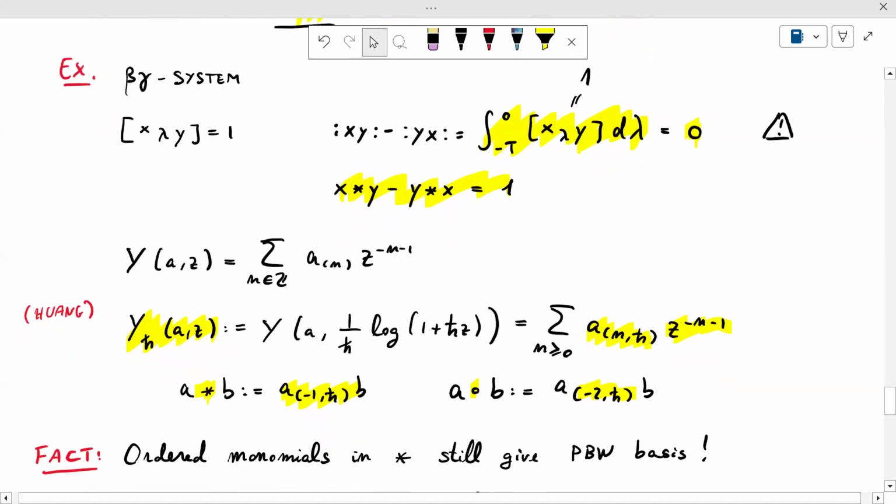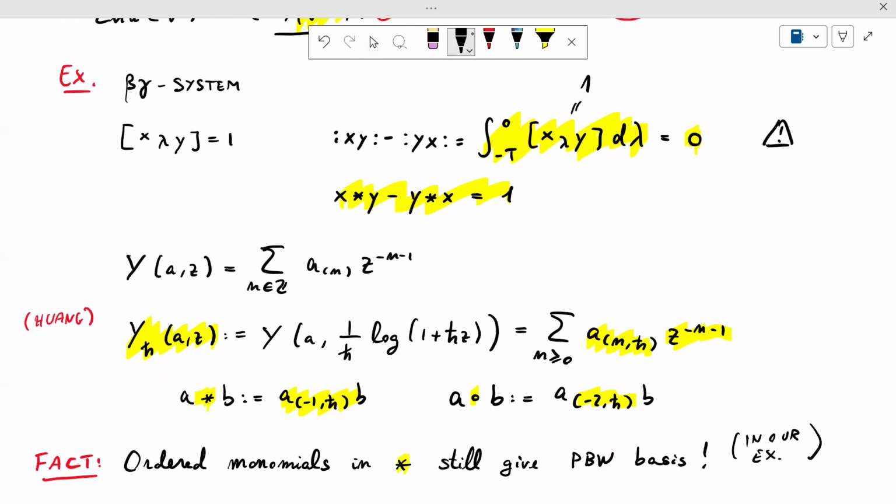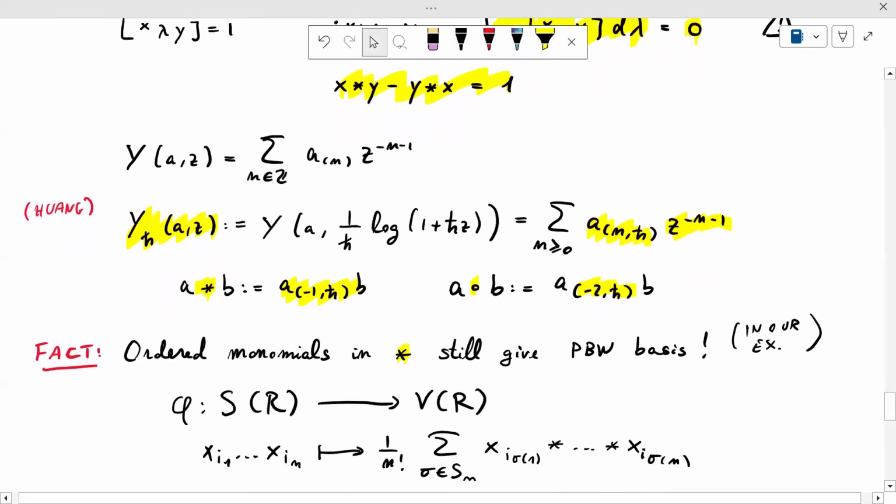Luckily, one can show that the ordered monomials with respect to the asterisk product still give a PBW basis in our examples. So that's good. We can do the same thing again and send everything into these symmetrized things.